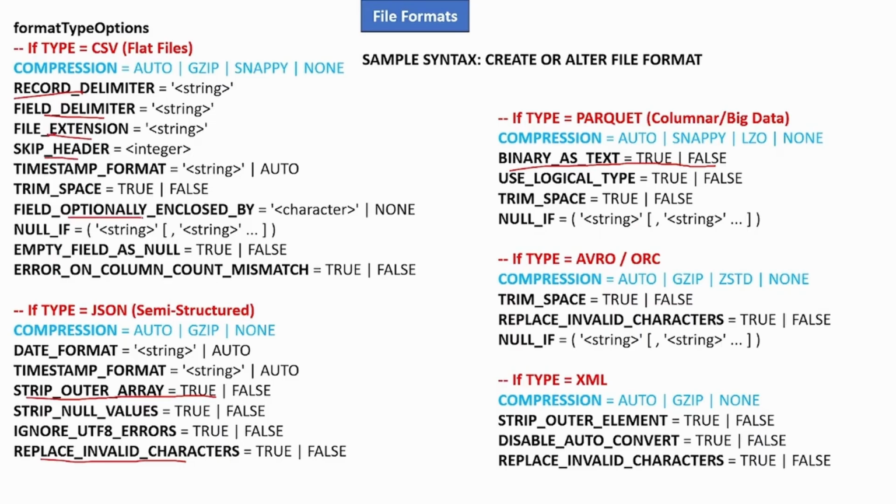Field optionally enclosed by, null if, and in the same way trim space, replace invalid characters, and strip outer array are the format options which I use on a regular basis. So you need to understand what file formats are, how we create them, and what file types are supported in Snowflake, right?